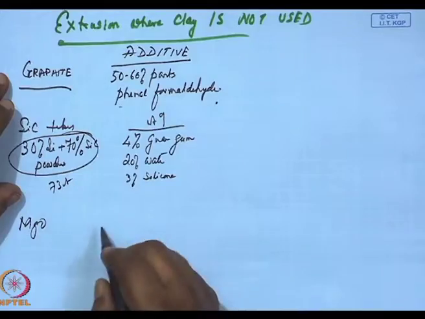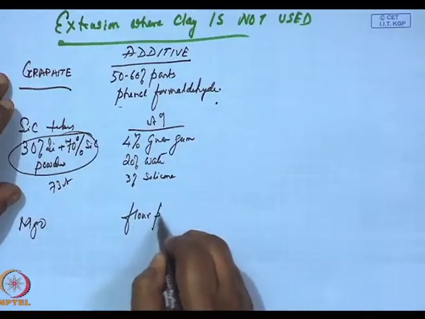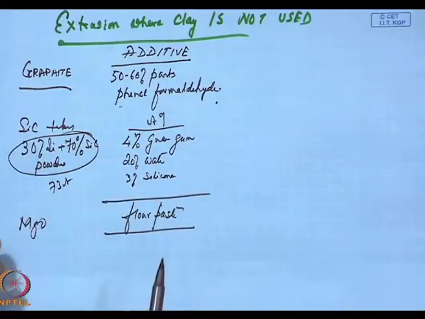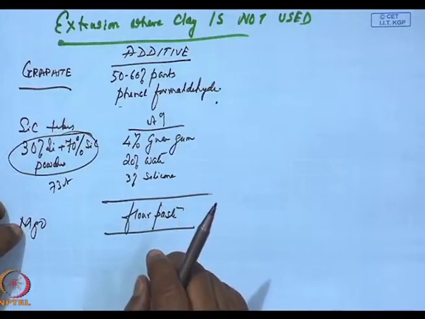What would be my additive here? It would be flour paste. One of the best things that is available for dispersing the magnesia. Both will have hydroxide. MgO will react with water to give you magnesium hydroxide, which when heated will give you back magnesia.